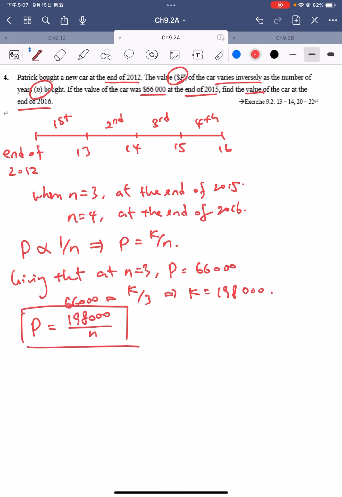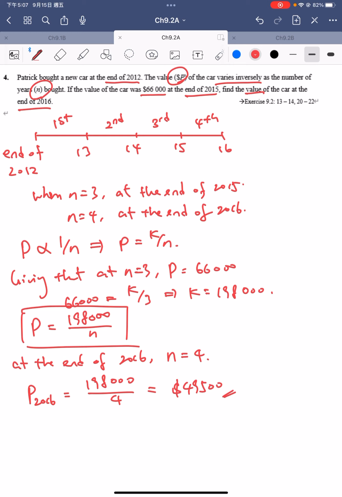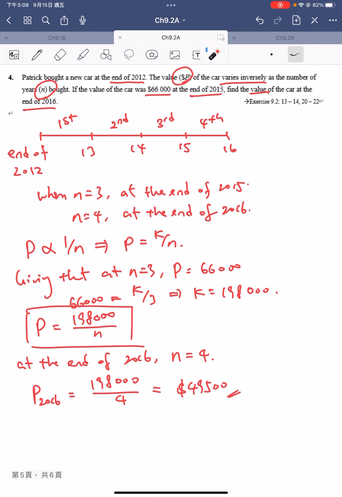The end of 2016 means n is equal to 4, so substituting n equal to 4, P at 2016 is 198,000 divided by 4, which gives the final answer 49,500. The tricky part is that you need to change the end of 2015 into n equal to 3, and realize that the end of 2016 gives n equal to 4. So this is the solution of question 4.